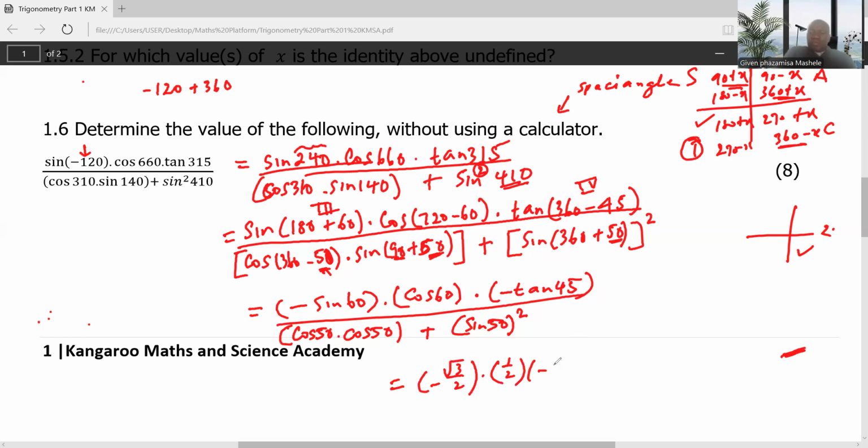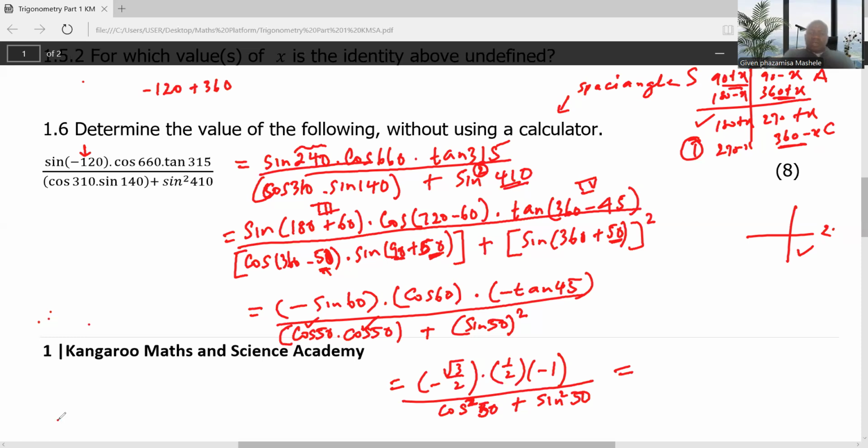Tan 45 is 1, so it's going to be negative 1 over cos A multiplied by cos A. These are multiplied, so this becomes cos squared 50, plus sine squared 50. This is an identity equal to 1. So we can just multiply the numerator, because the denominator is 1.